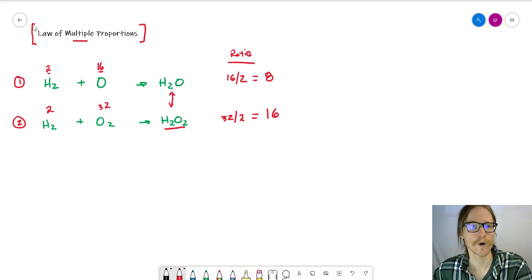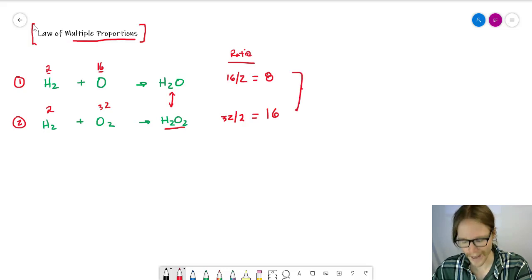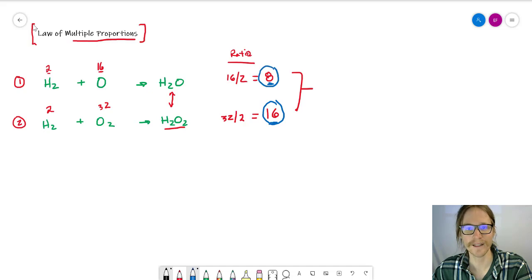And so the law of multiple proportions states that elements can combine in different ways during these reactions, but the mass ratios of these compounds, which we've computed here, will be whole number ratios of each other. In other words, if we were to take this 16 divided by 8, the ratio of the ratios, we would see that the mass ratio of H2O2 is exactly 2, a whole number 2, twice that of the ratio in pure water.